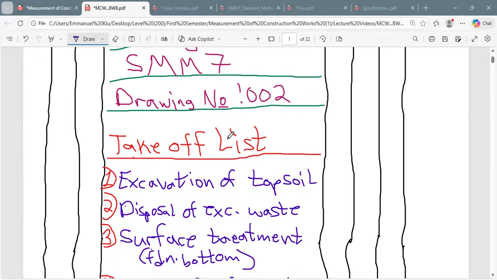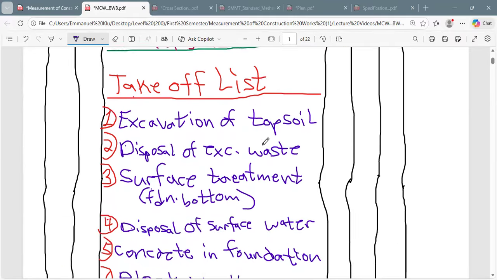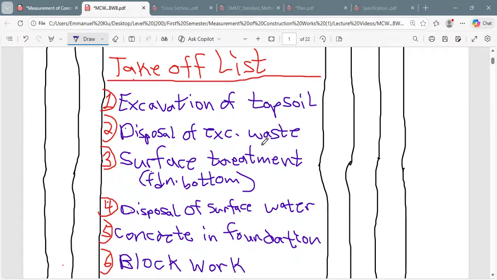Then you come to your takeoff list. In the takeoff list, you are going to be listing all the things you are going to be doing the calculation on. If they have said take off for earthwork support or surface treatment and block work, you know it's just the two you are going to do.